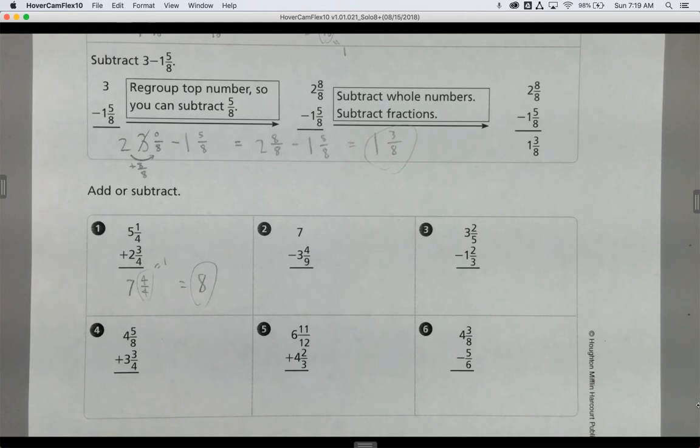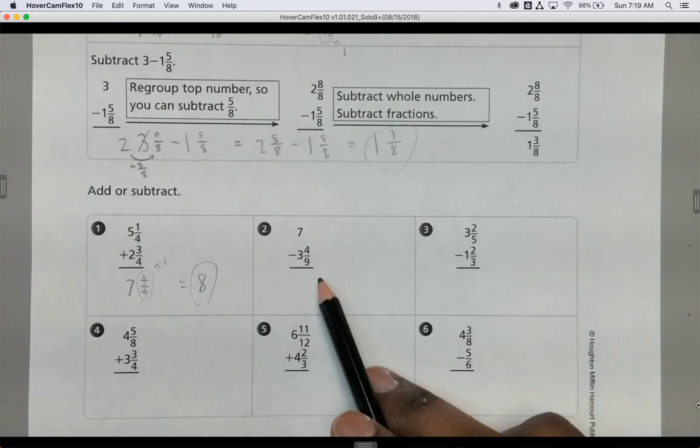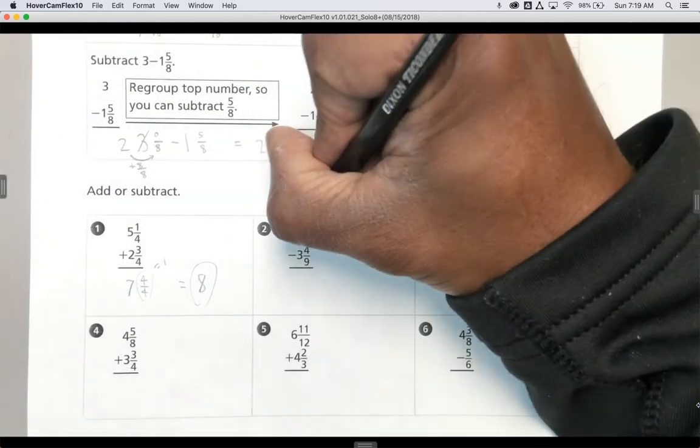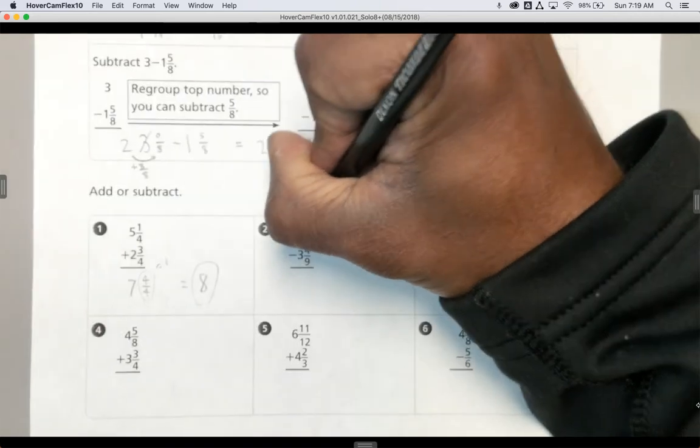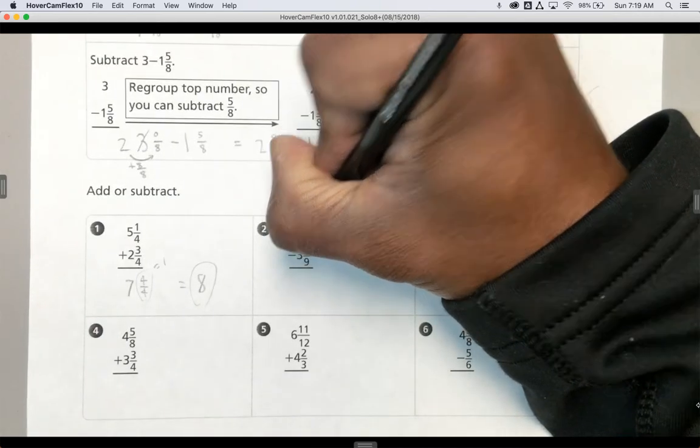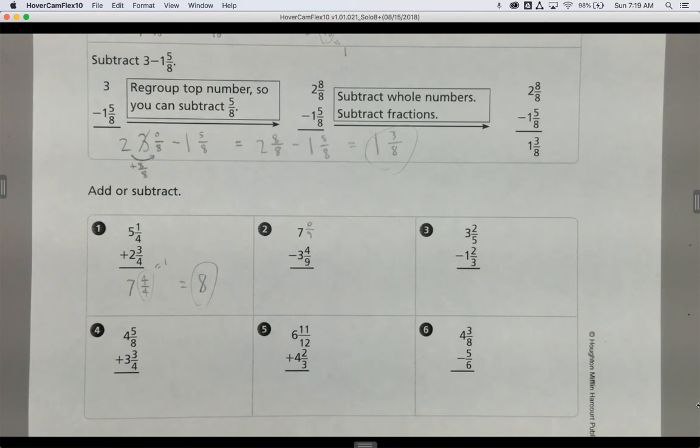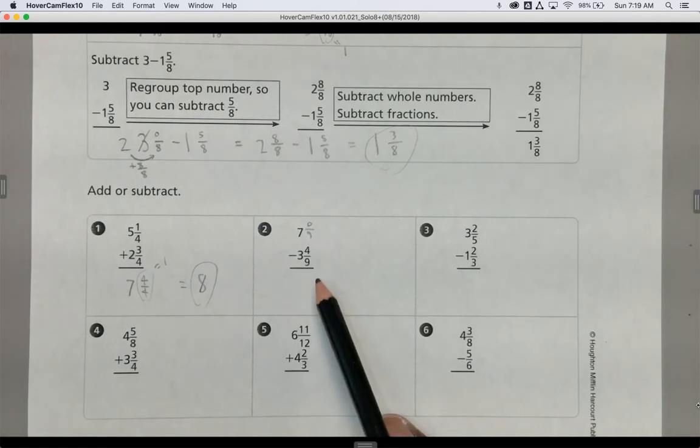Number 2, 7 minus 3 and 4/9. I'm just going to add the 0/9 here to show that as a mixed number. 0 is less than 4, so we need to borrow from the whole. We need to regroup the 7.